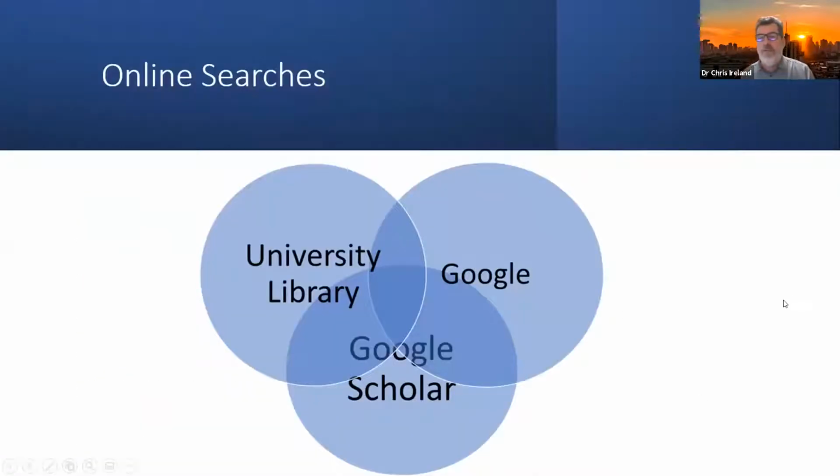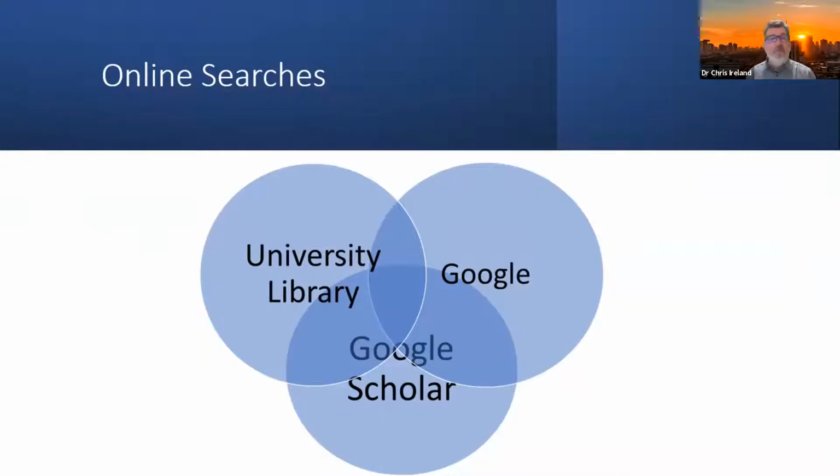Hopefully you can see my slides now. So what I'm going to talk about is doing your online searches to do the reading that Jill's spoken about. The 3 areas you might be familiar with: your university library, Google Scholar. I'd say probably this is where most of the research goes on.